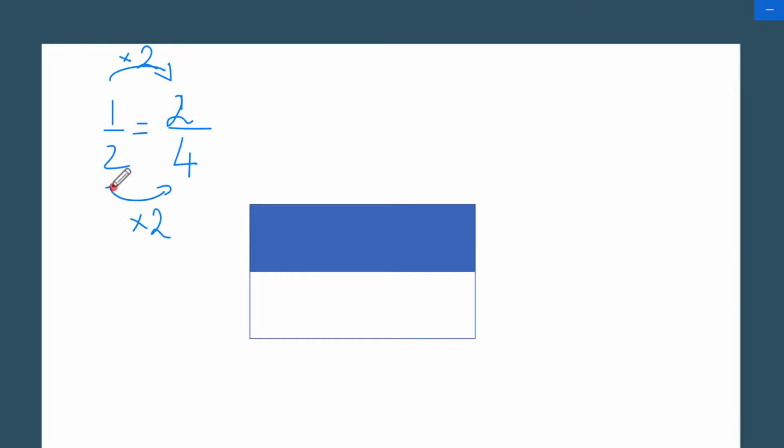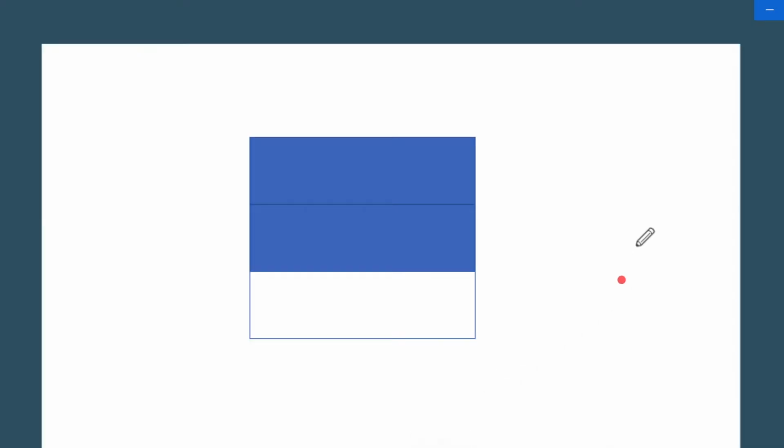So this fraction was multiplied by 2 to give you this one. And before, we had the same fraction multiplied by 4 to give you the second fraction you had. Okay? And here is another example.